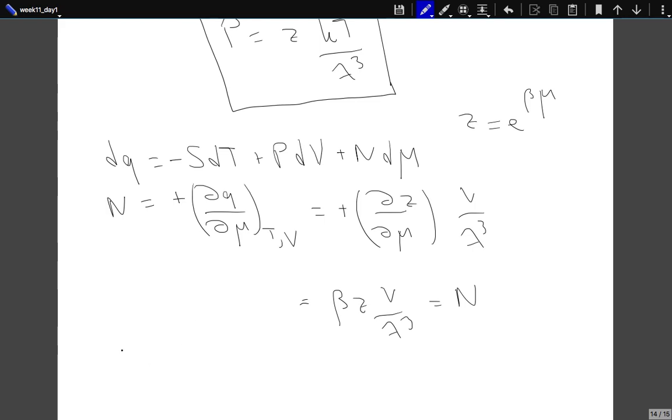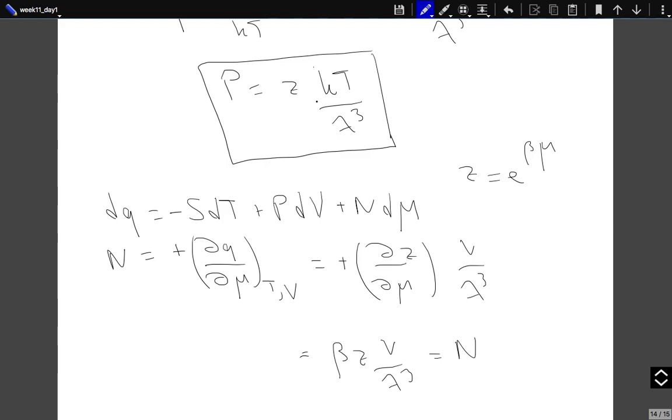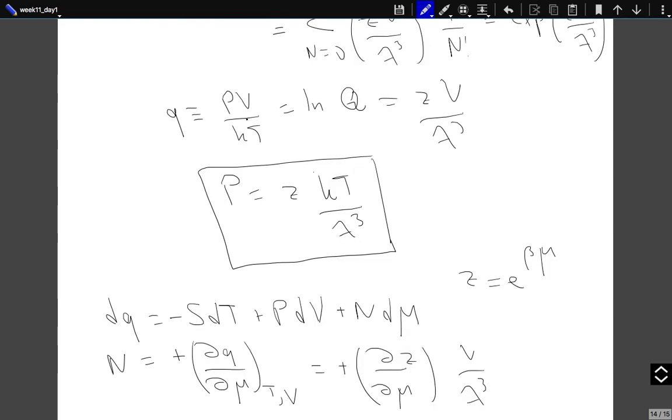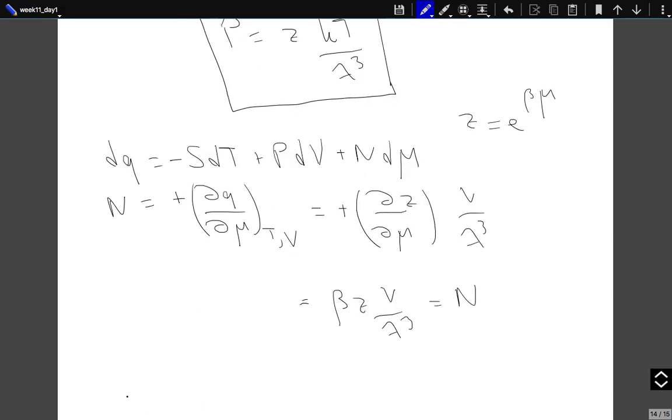What I'm trying to do is, here I have the pressure, or if you like, here I have PV over KT. This is equal to Q, but this is also the same thing as n over beta.